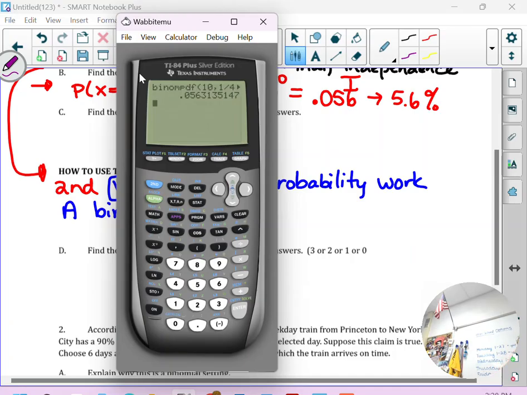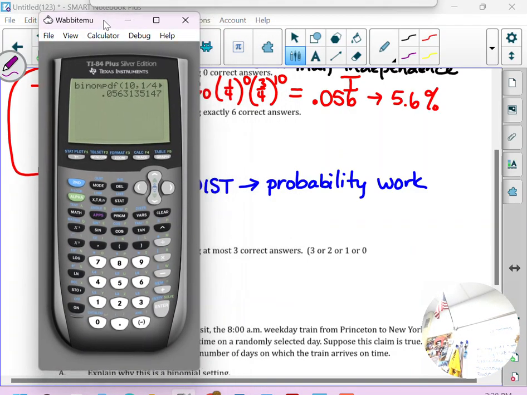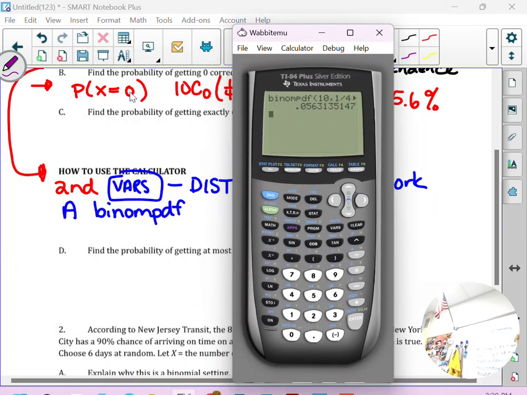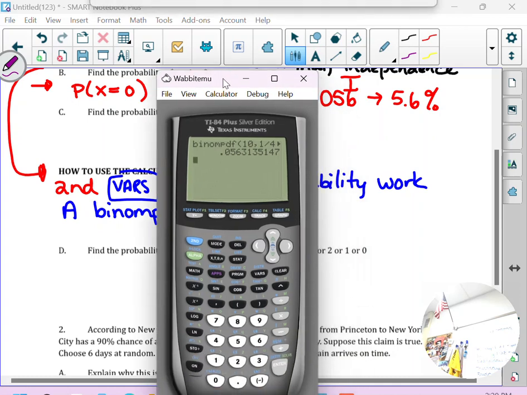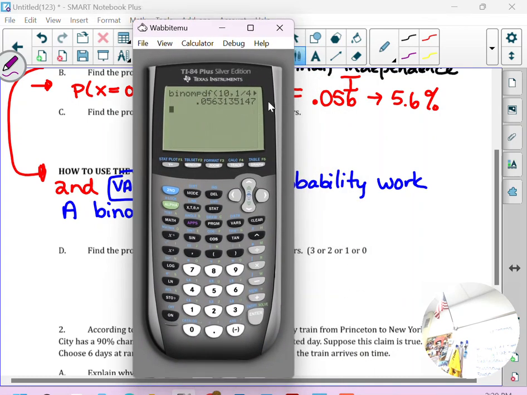One of the things I love about this function is, let's say on the next problem, it says, what's the probability of getting exactly 6 in the same question? I don't have to start back at the beginning.